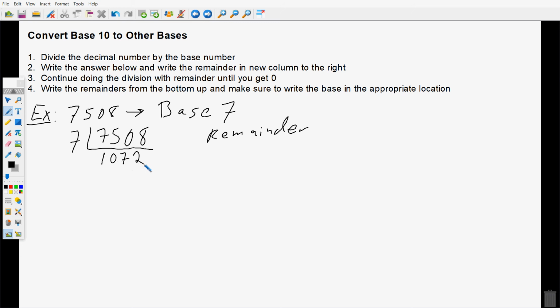Now, to calculate the remainder, you're going to take 7508 and subtract 1072 times 7. And that should give you 4.